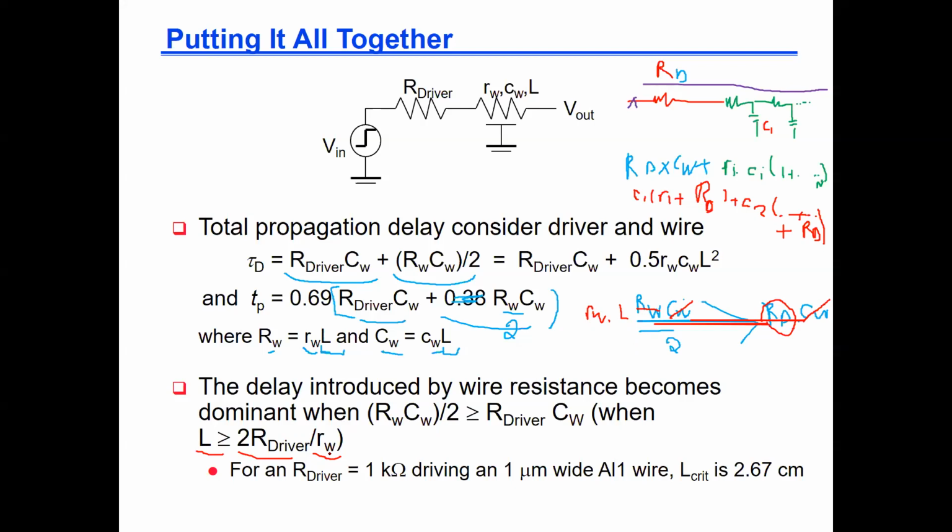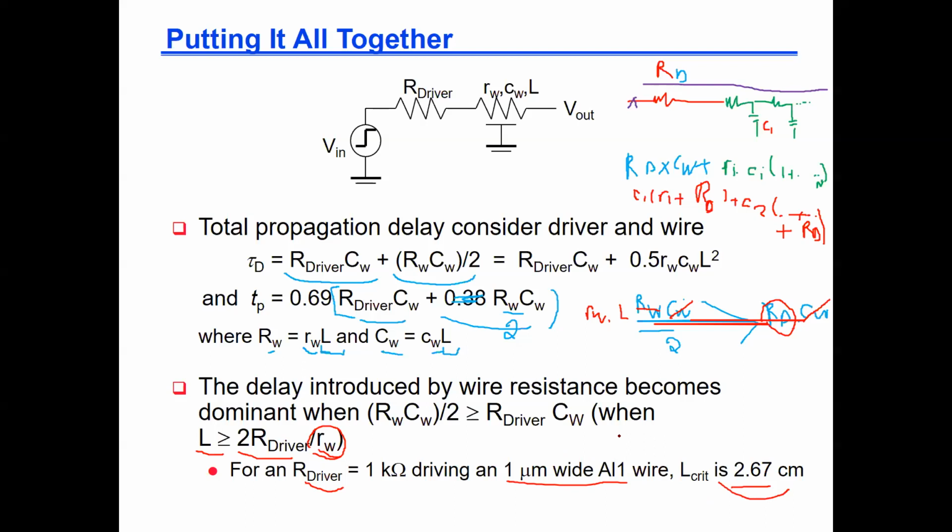Okay, and if we plug in that information, and we know the width of the wire and its resistance per unit length, we can get little r_w, and with the gate information and the R driver, I can know from the ratio what the critical length is. So for aluminum 1, for example, if the net is greater than 2.67, the interconnect resistance wire delay becomes bigger than the gate delay, and it is appreciable even at smaller lengths.